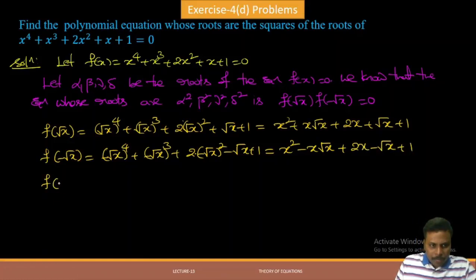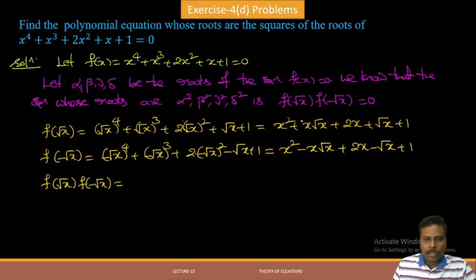Now let us compute f of root x into f of minus root x. f of root x is x square plus 2x plus 1 plus root x into x plus 1.